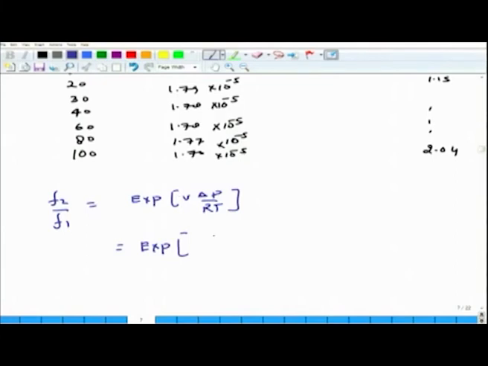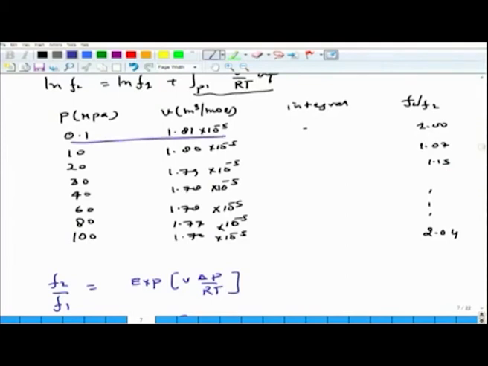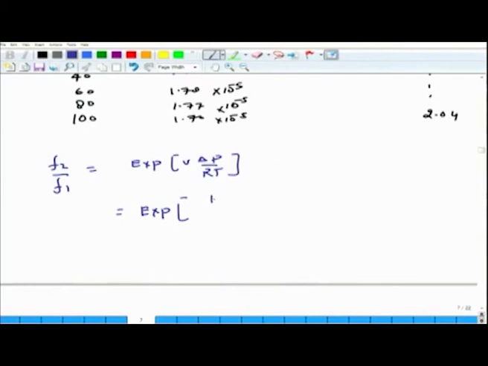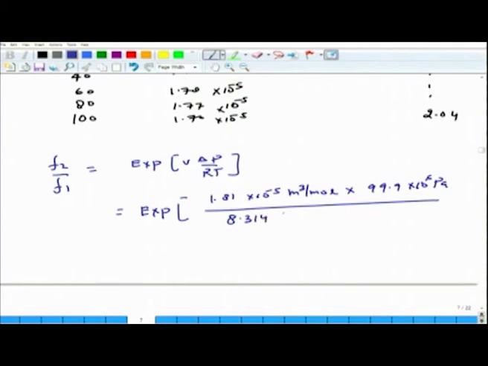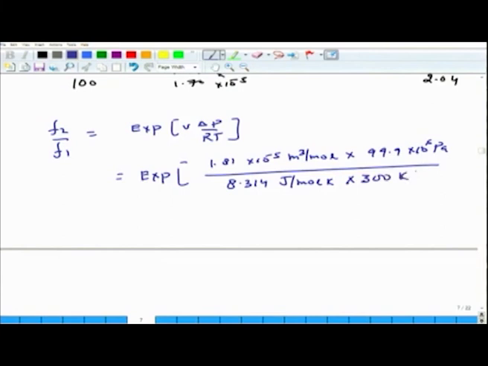V is the molar volume at 0.1 megapascal, which is 1.81 into 10 to the power minus 5 meter cube per mole, multiplied by the change in the pressure, which is 100 minus 0.1 megapascal, which is 99.9 into 10 to the power 6 Pascal, divided by the gas constant, which is 8.314 joules per mole Kelvin, multiplied by the temperature, which was 300 Kelvin. Now this turns out to be 2.06.